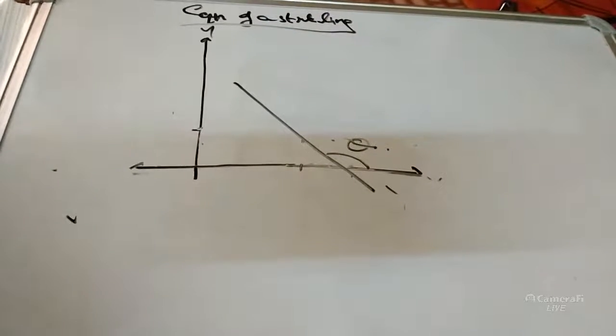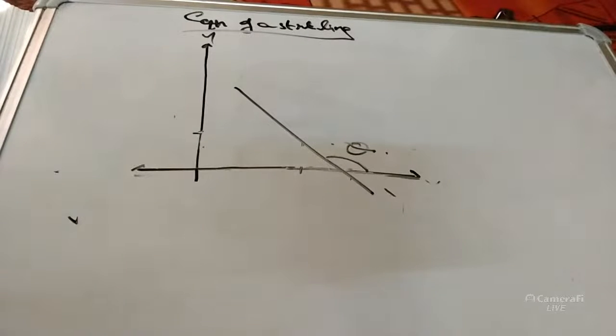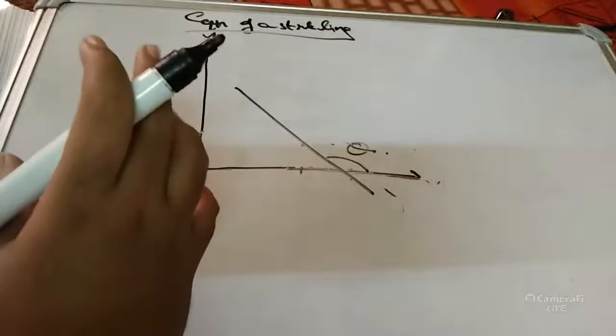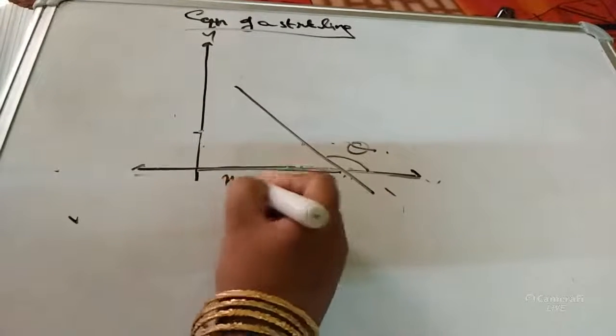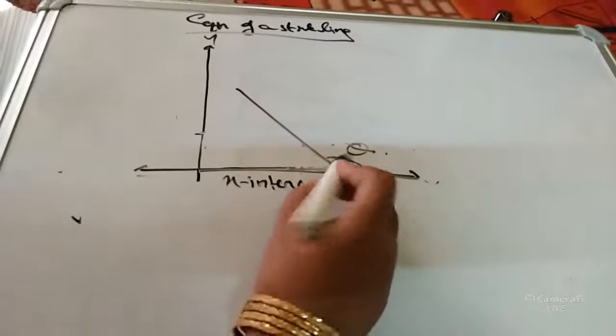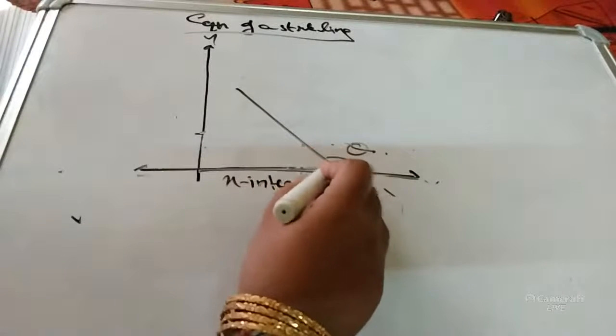Now, intercepts and signs of intercepts. The x-intercept is the point or the length at which the line crosses the x-axis.